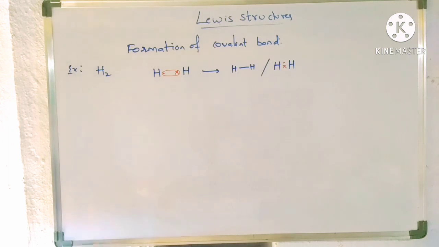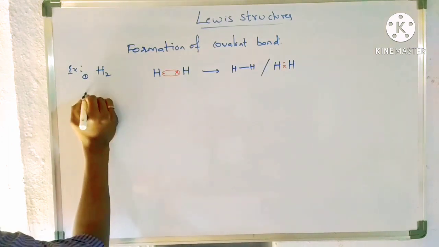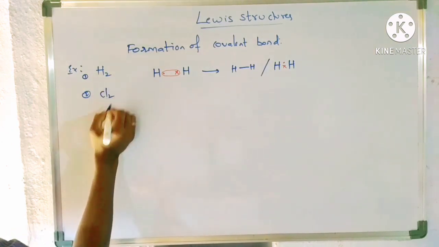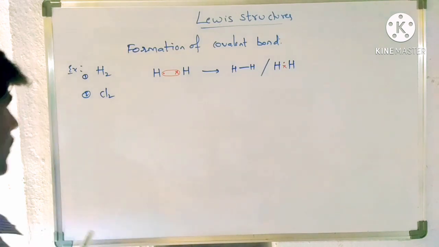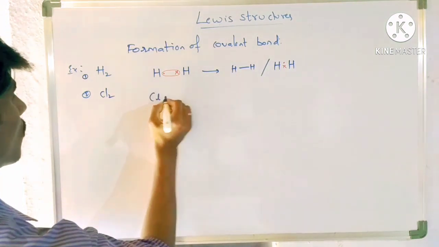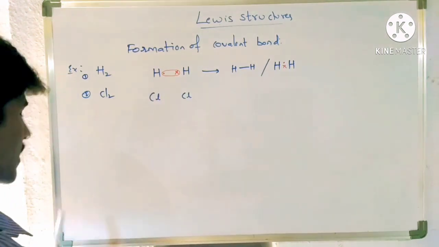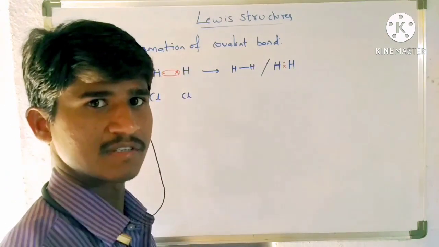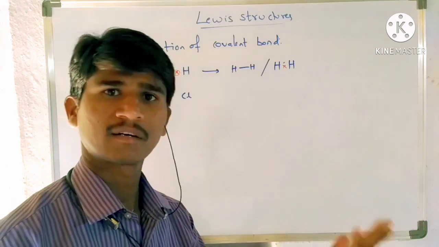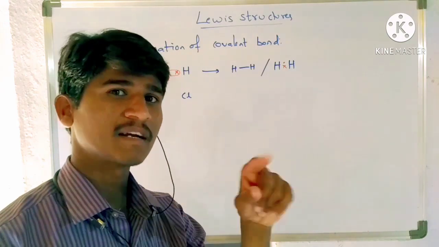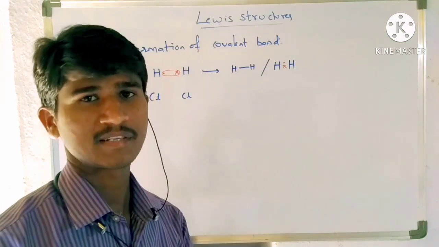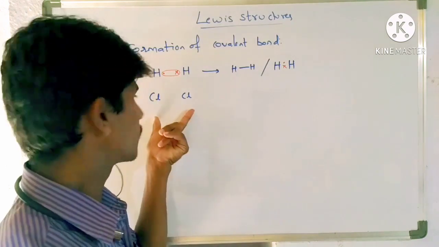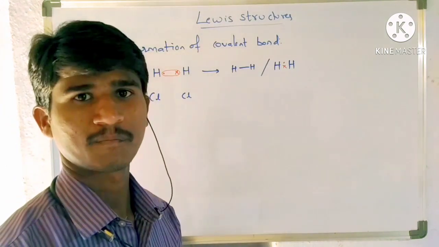Coming to another example, the second one is the chlorine molecule. We know very well that chlorine has 7 valence electrons, the same as fluorine. Why? Chlorine belongs to group 7A. If you want, you can check through the electronic configuration also.